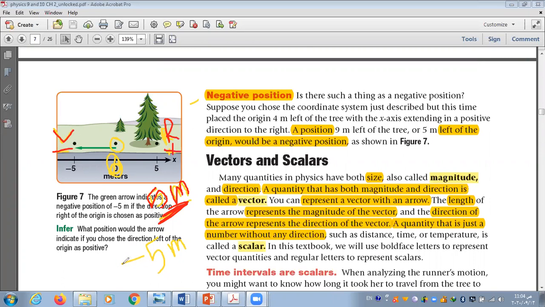And if I told you he moved -5 meters, you have to know that he moved to the left. So this is what we mean by negative position. Negative refers to direction. If I choose right as positive, then when I say a positive number, he moved to the right. When I say a negative number, it means he moved to the left.